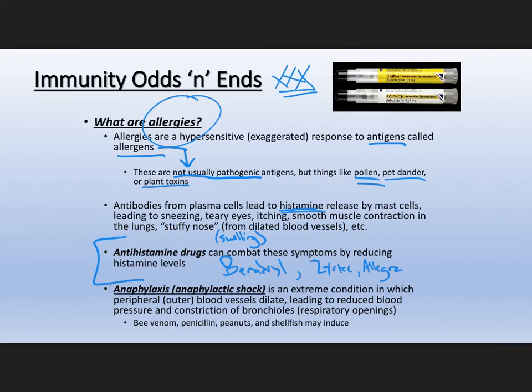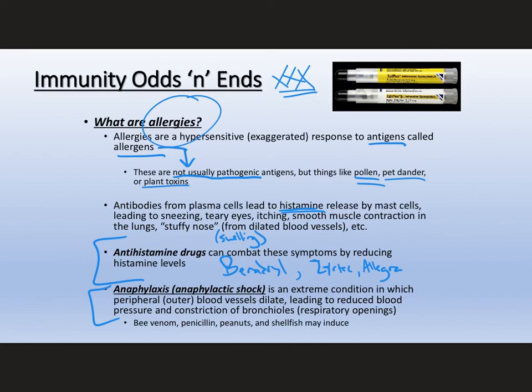Now, some people have a really severe allergic response to something. We call this anaphylaxis. And anaphylaxis can cause blood vessels to dilate away from your heart, which reduces your blood pressure if it occurs too strongly. It also causes a major problem of contraction and constriction in the lungs that makes it hard to breathe.